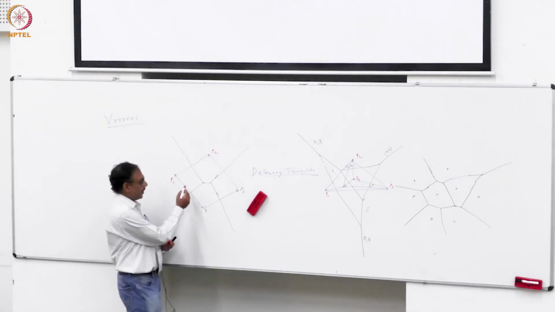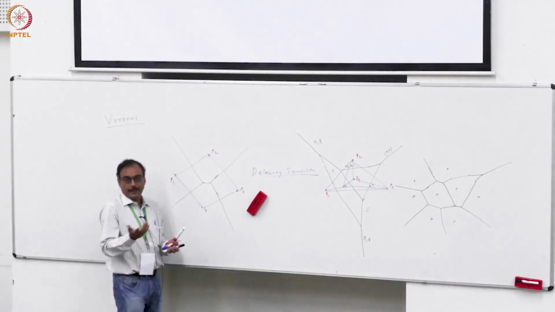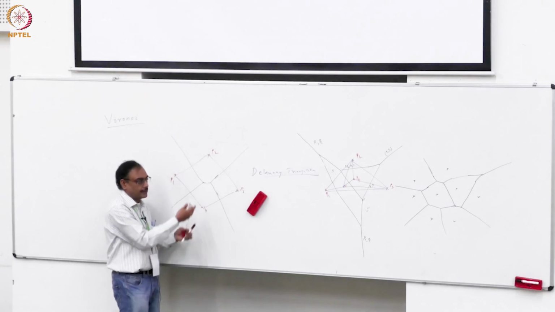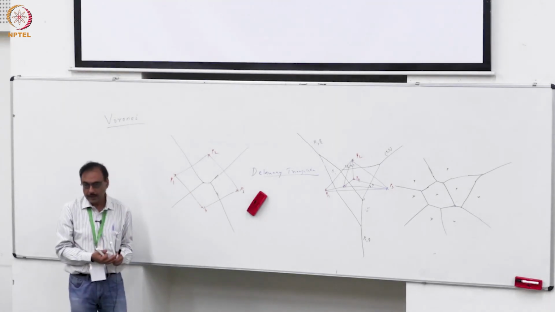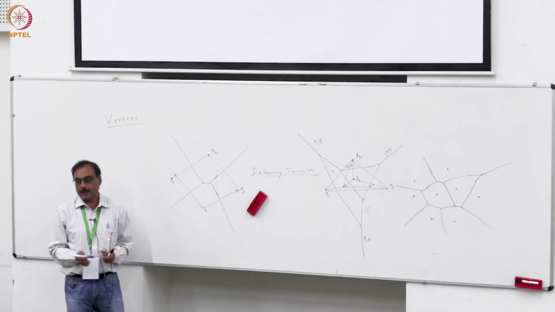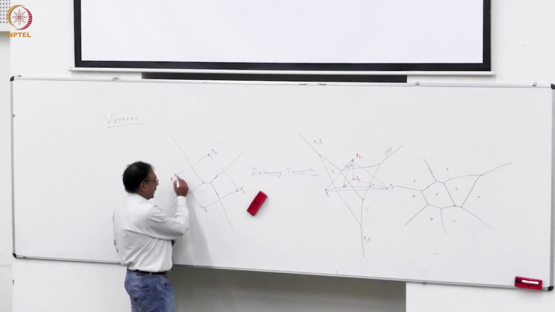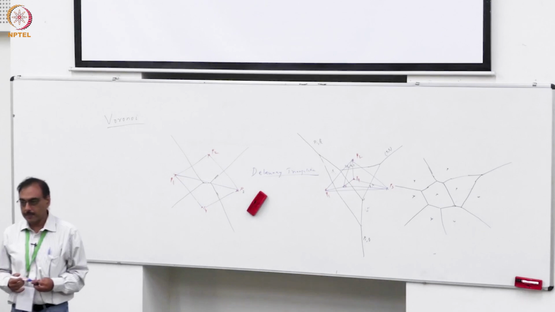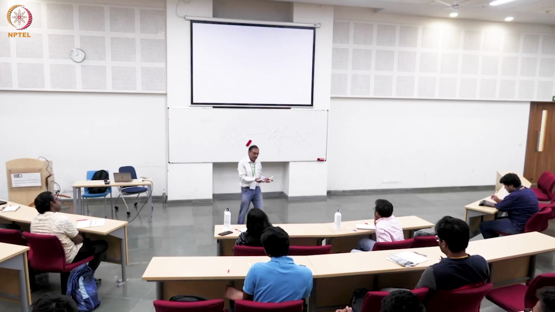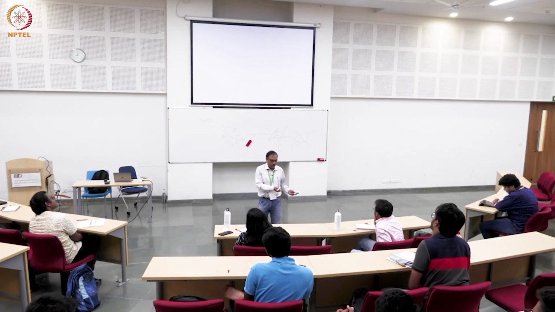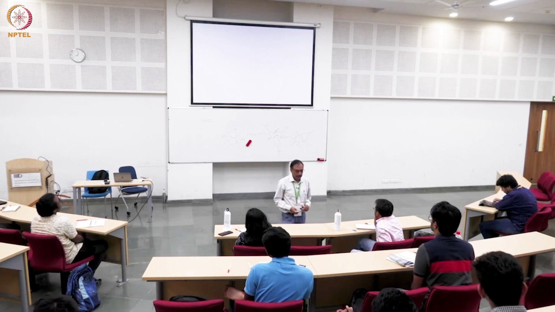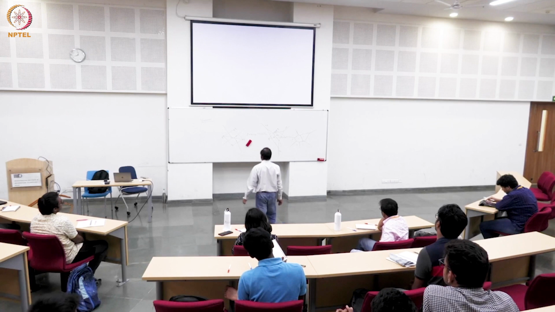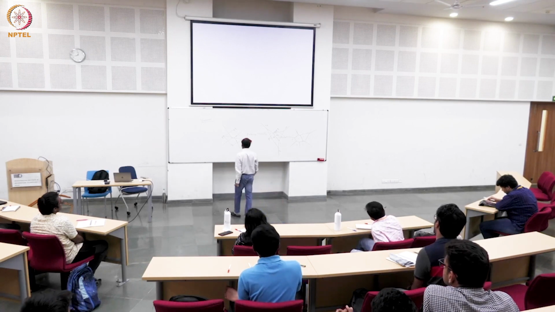So, you should have an edge between P1 and P3, because if he says that there is a Voronoi edge between P1 and P3, then naturally there is an edge connecting P1 and P3, which is a Delaunay edge, like this. This is wrong, but suppose you have drawn a wrong diagram, we have to follow that because it is a dual. But then what does it violate? Let me stand on this and delete this first.